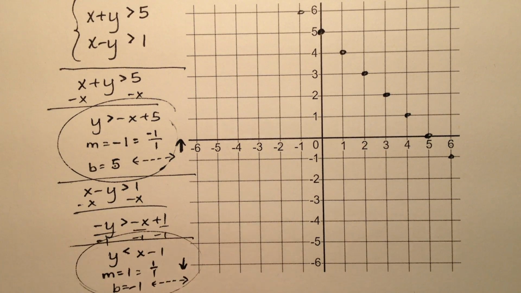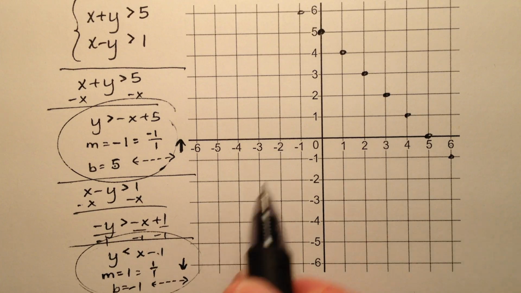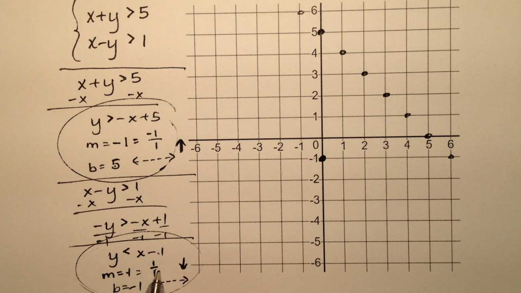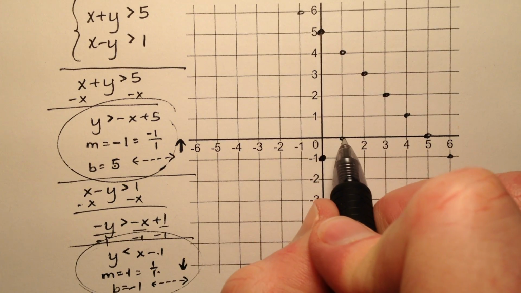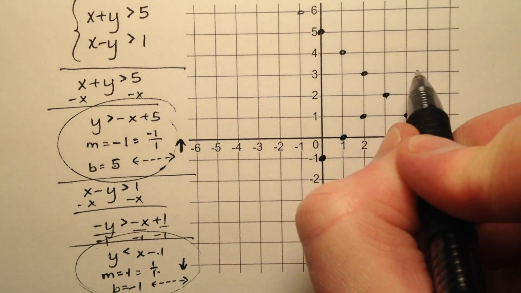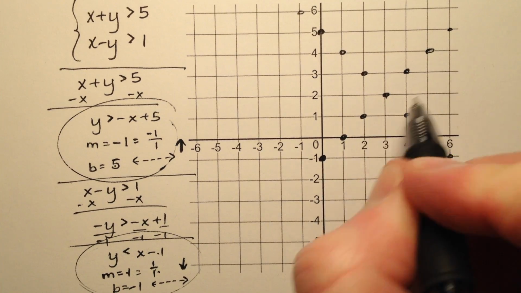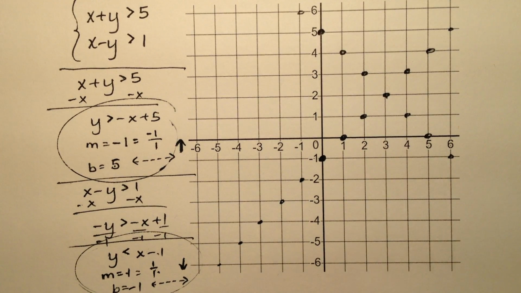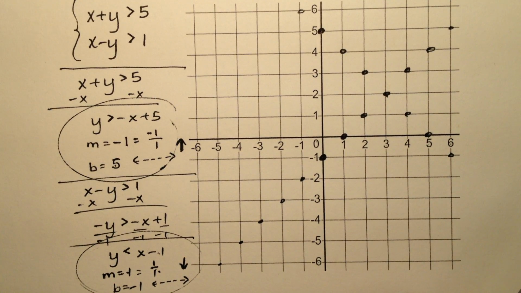So our other one is this one down here. We're going to start at negative 1, and we have a slope that's positive 1. So up 1 over 1 this way. That's the duplicate point up there. We can also come back down here as well and continue this line. And this one as well will be a dashed line.